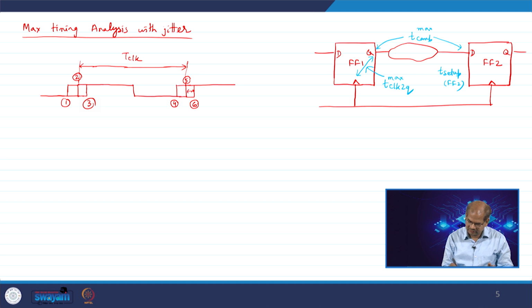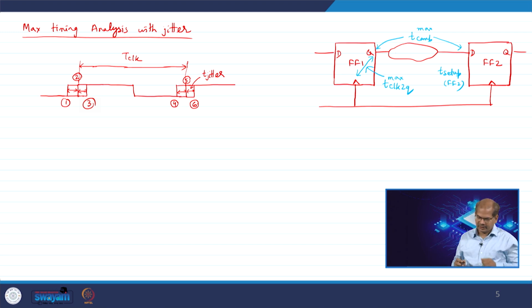This is your T jitter, and all of these are the same. I have 4 small time intervals, and those are T jitter only, all the same amount of T jitter.